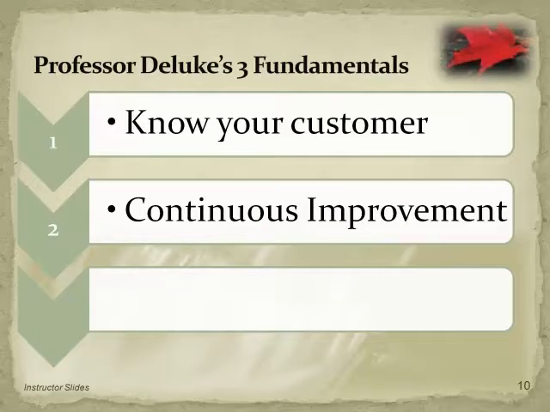So we know our customer, we know what's important to them, then we need to identify which of the processes delivers the value that they're willing to pay for. And then once we have identified that process or processes, most likely it's going to be more than one process, we need to continuously improve that process, always trying to make it better and better.